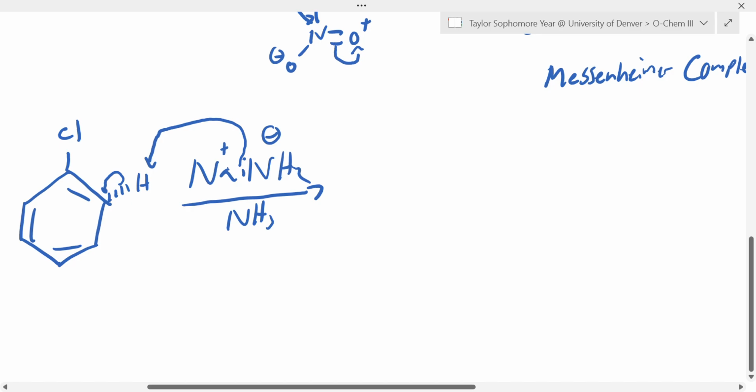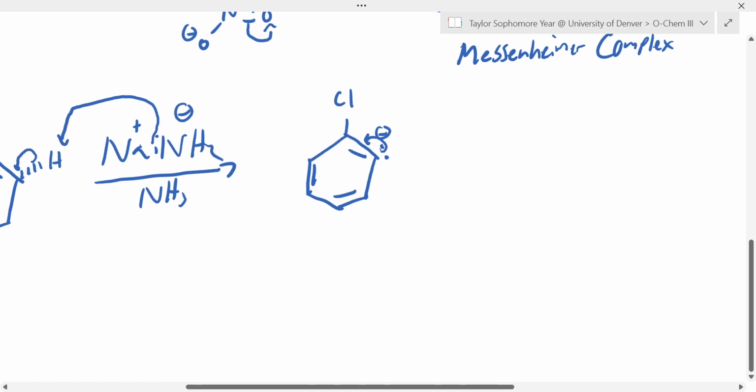From there, we'd be able to get this, where we have 2 electrons minus here. From there, we'd be able to put these electrons onto this double bond, making it a triple bond.